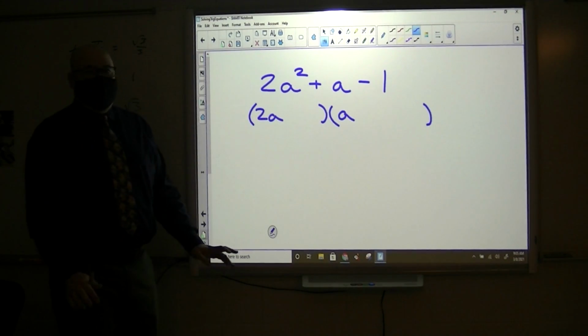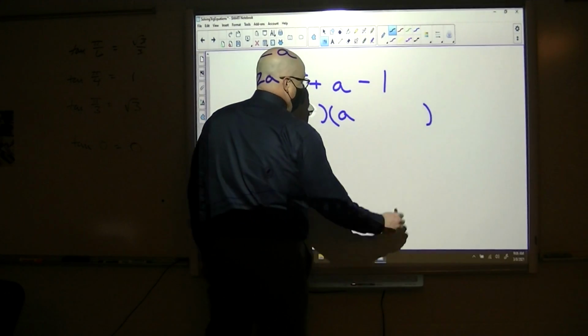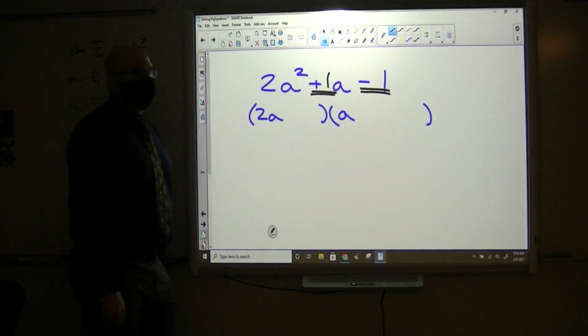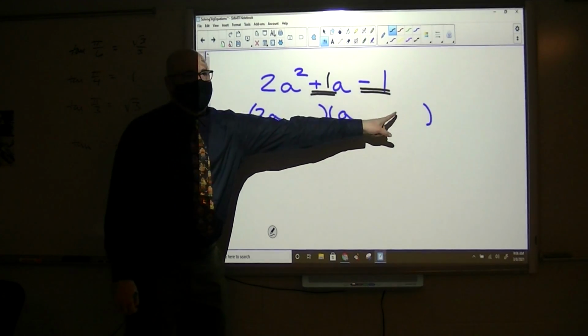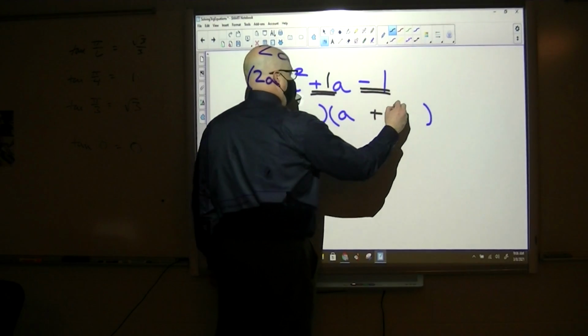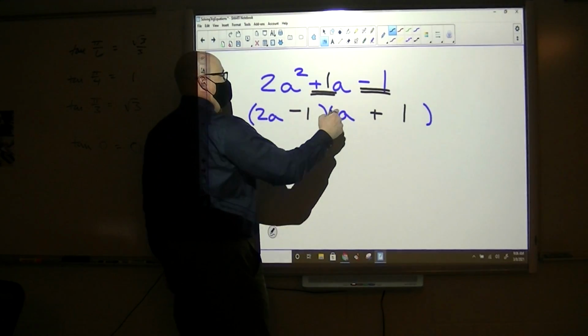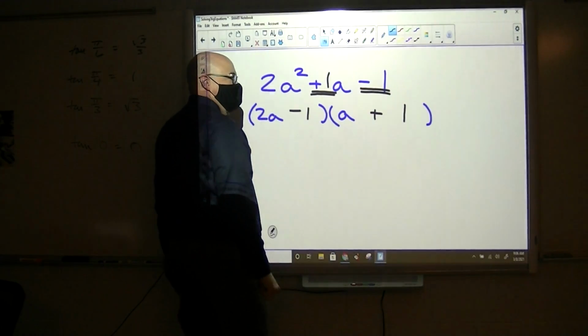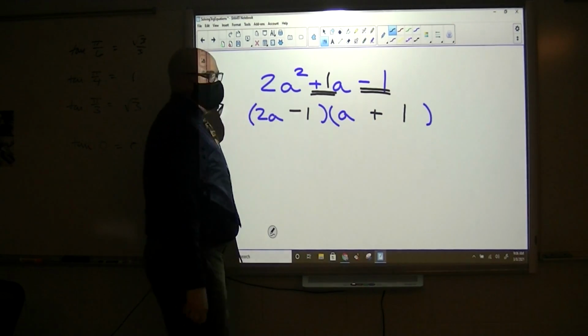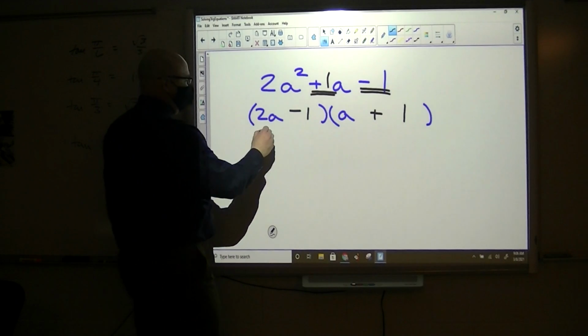Then I need to find the magic combination of numbers that multiply to be -1 and add to be +1 when this one gets multiplied by 2. The only 2 integers that multiply to be -1 are +1 and -1. And then check just to make sure.